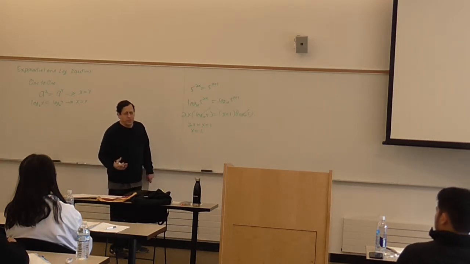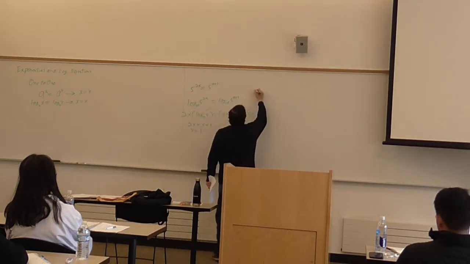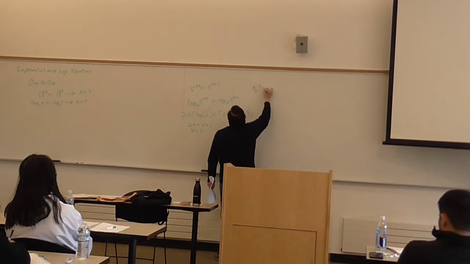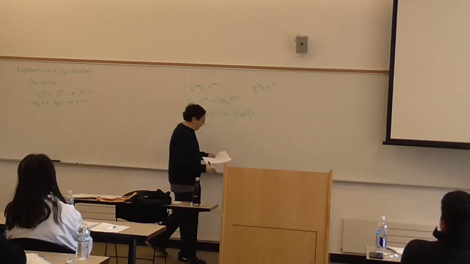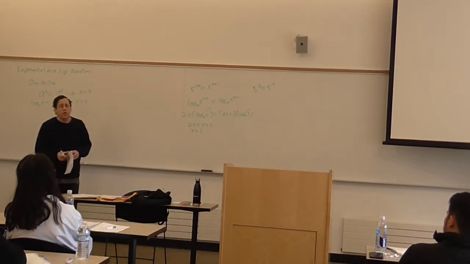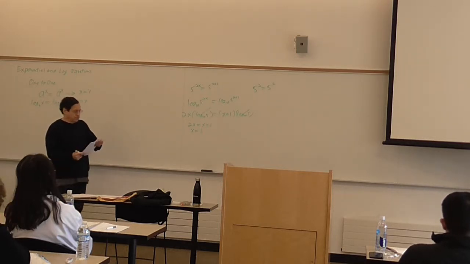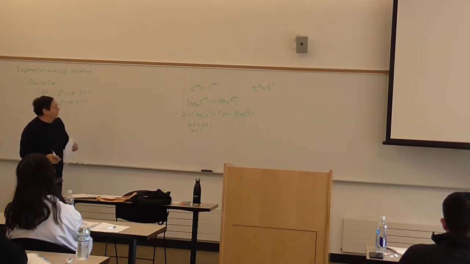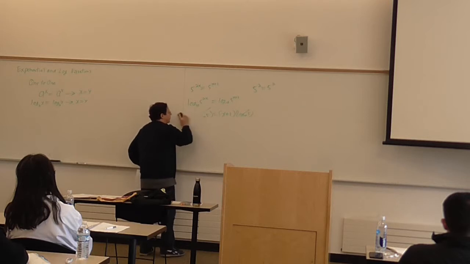In this case, we don't have it, but I think it's worth the trouble here. 5 to the 2 times 1 is 2 equals 5 to the 1 plus 1, 2. Clearly, that works. But it won't always. You want to check. All right, that was kind of step 2. We're doing baby steps here.